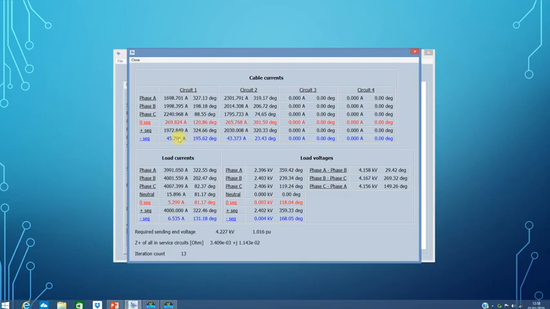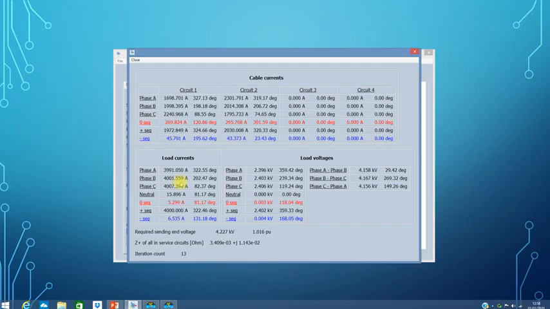And there is also some negative sequence current. If we sum together the currents in each phase of each circuit, that gives us the total load current. Again, the load currents are slightly unbalanced.